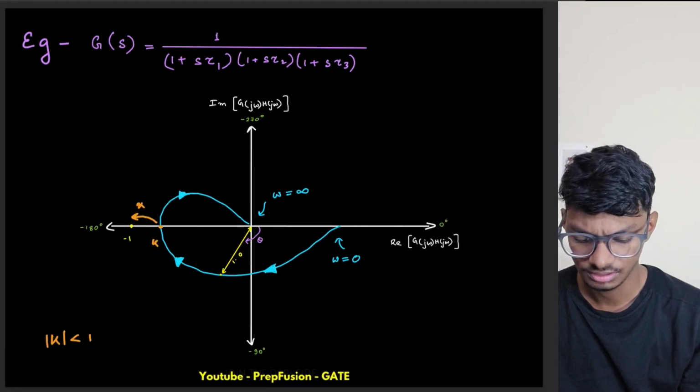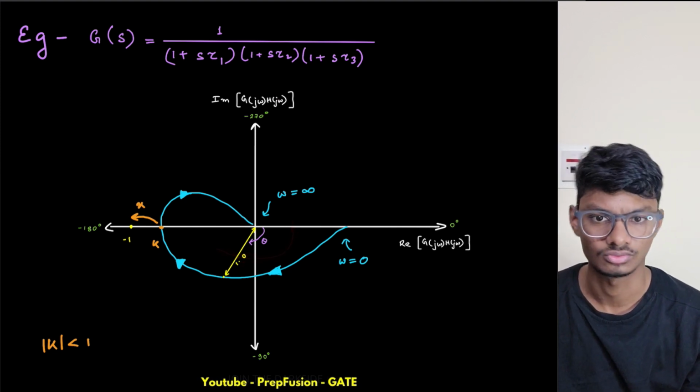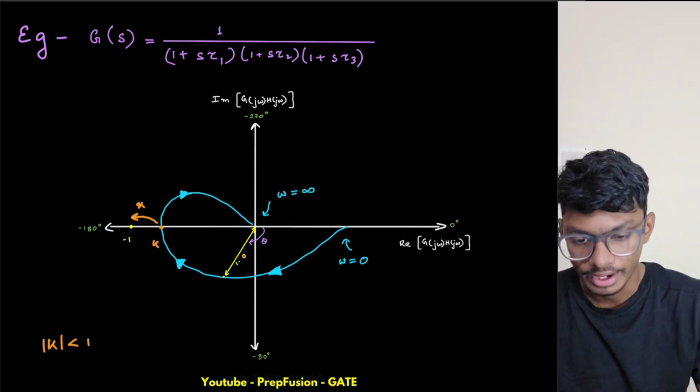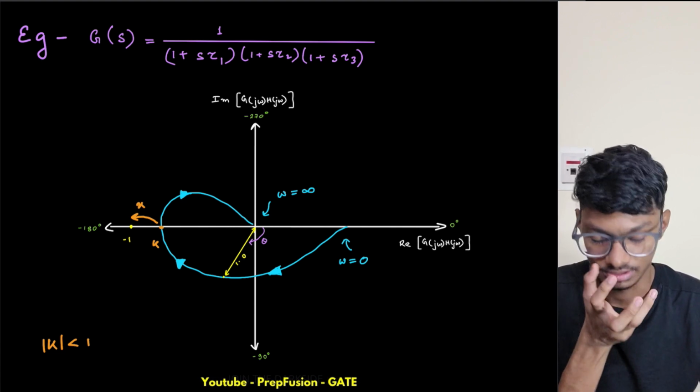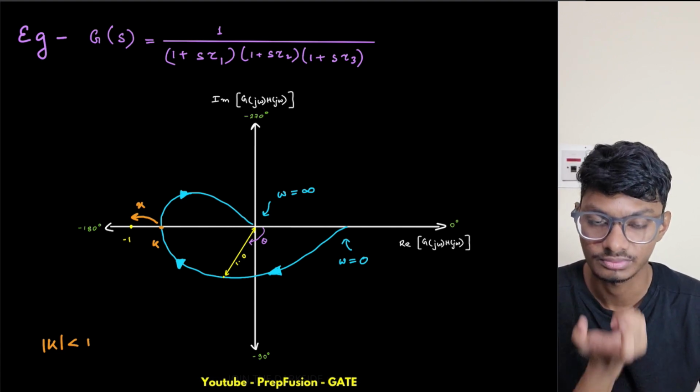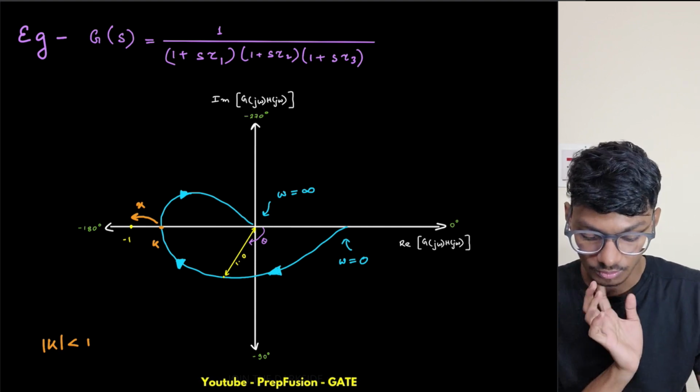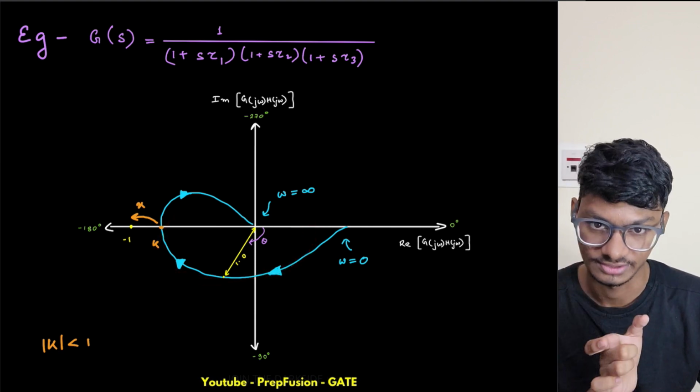Now you might ask, sir, why are you calculating the angle in the clockwise direction? You can also calculate in anti-clockwise. Why? Because in most cases, for realizable systems, the number of poles is greater than the number of zeros, so I will rotate in the clockwise direction itself.